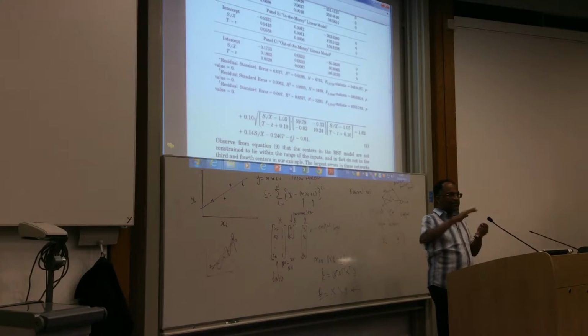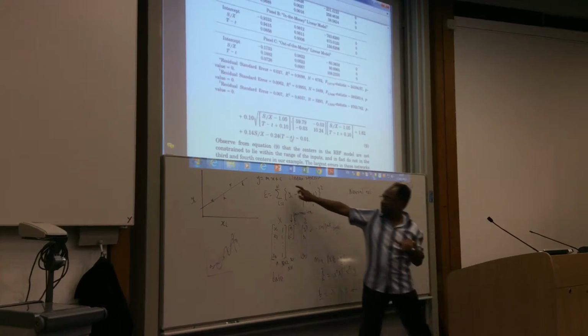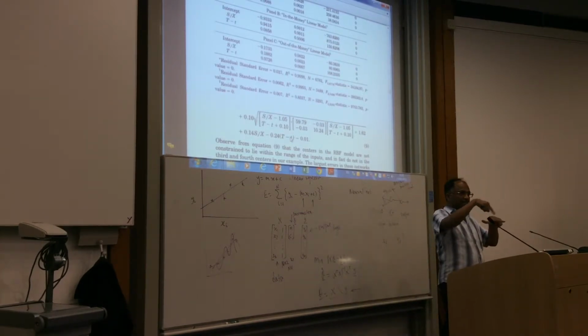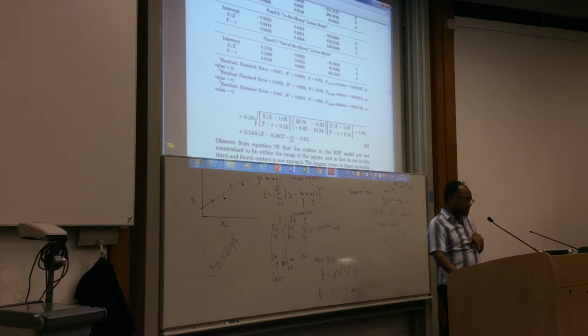Imagine you are fitting a plane in 2 dimensions. The equation equivalent to y equals mx plus c would be y equals m1x1 plus m2x2 plus c. Are you with me? That imagination should be there. And that is precisely what this last line is. So there is a linear part to this model.